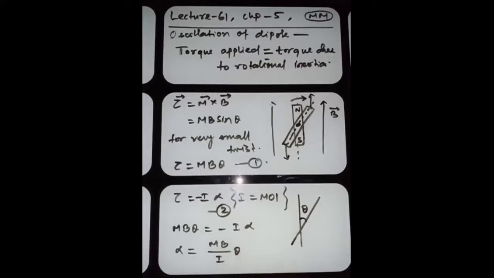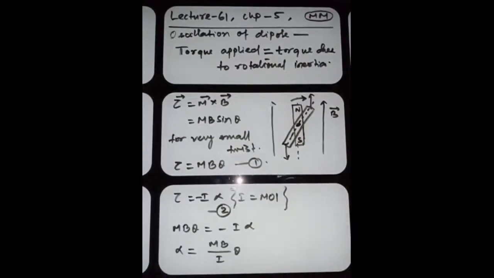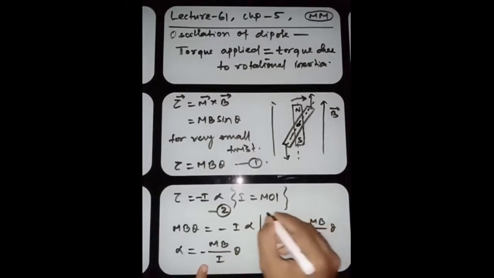Yes, could we write that? Yes, my dear student. Now this alpha can be written as d2 theta over dt square, with the minus also: minus mB over I times theta.